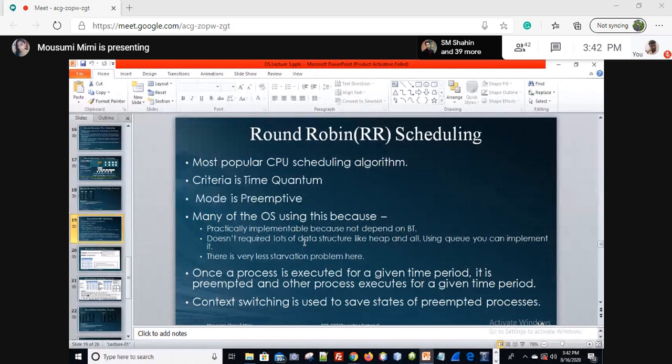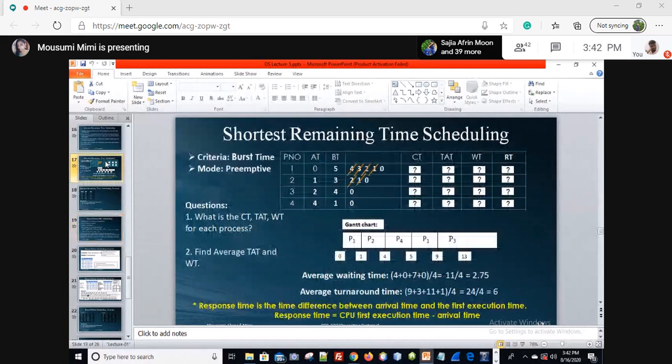You see, in the previous algorithm there is no time boundary. It always checks for the shortest possible work. If it finds any work whose burst time is the smallest, it stops the current work and goes for the shortest work.